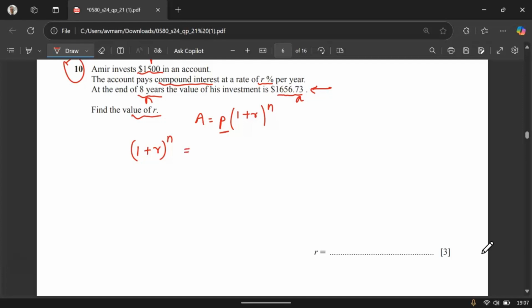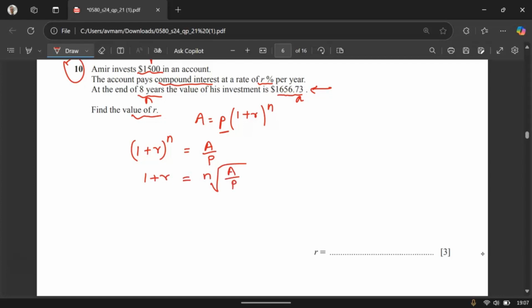And don't forget to divide A by P. Now 1 plus R is raised to the power of n. Let us undo that by doing the nth root. When we do the nth root on the left hand side, we are left with 1 plus R. And let us do the nth root on the right hand side, that is A over P.